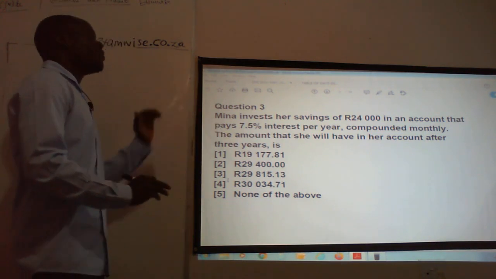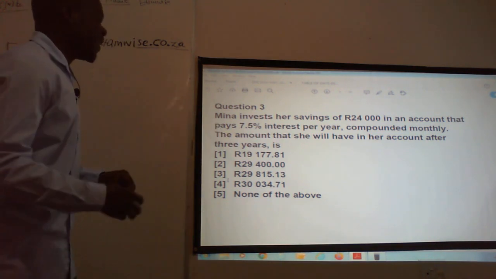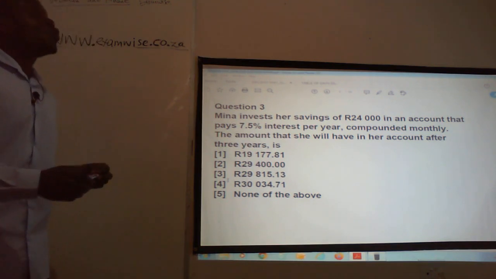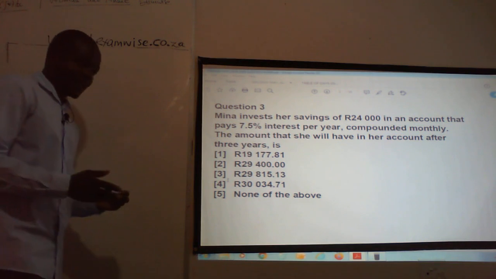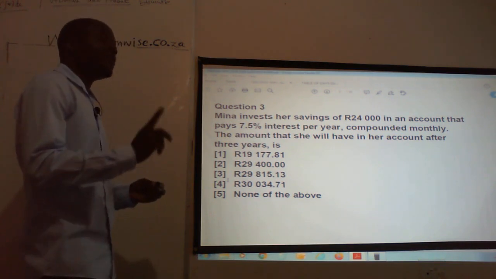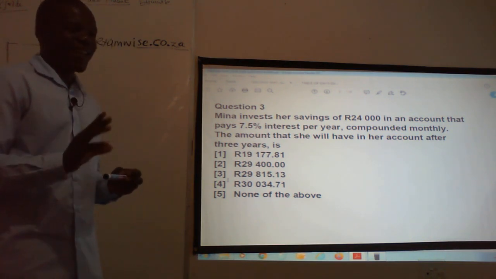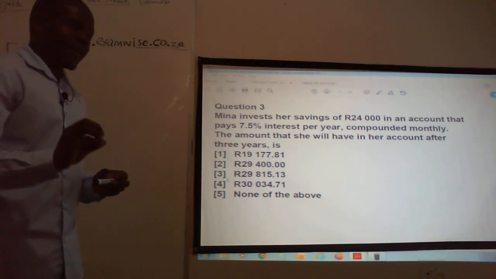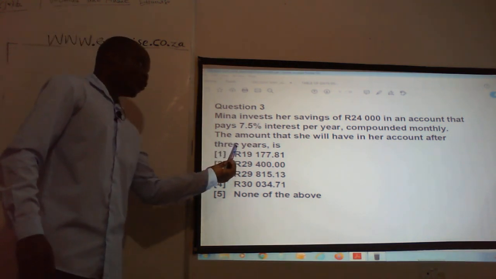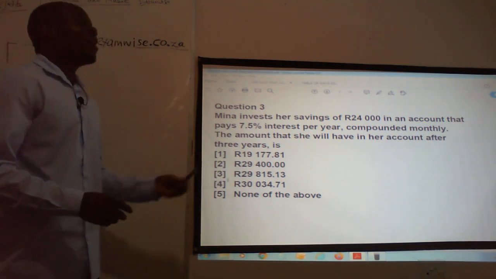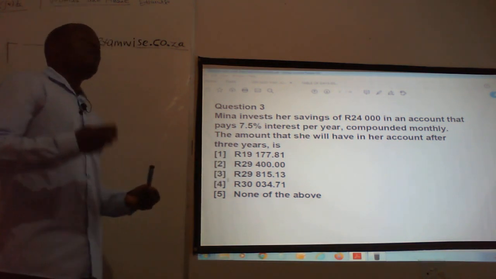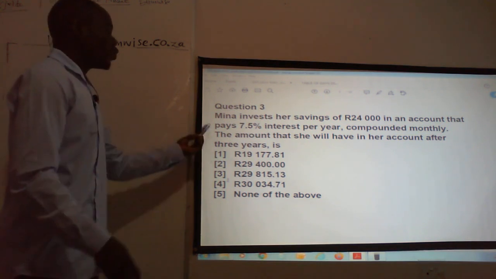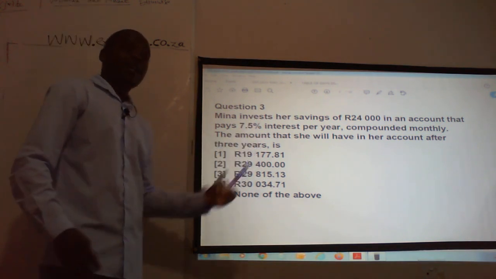So if we are dealing with a single amount, we can use our financial calculators. On the financial calculator, what I need to emphasize from the beginning is that we need to know which variables to enter. Once we determine that we are required to calculate our future value, how are we going to use our financial calculator to enter the given variables?